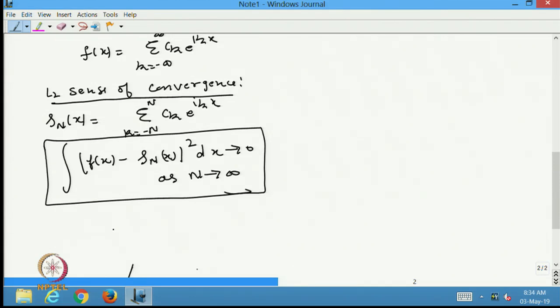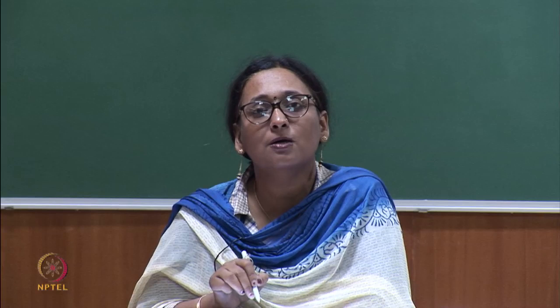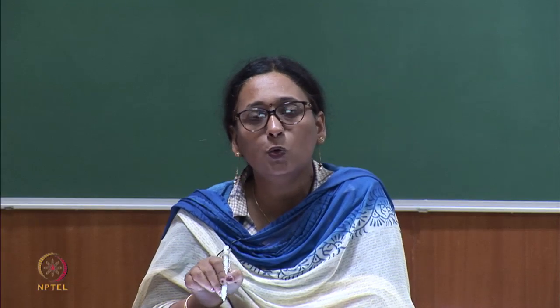Basically, f(x) minus s_n(x) is the error between the function and its partial sum, which is tending to 0 in the L2 norm. That is the meaning which you can observe from the given formula. If the function belongs to this space L2 0 to 2L, only then can we guarantee that the Fourier series will converge at least in the L2 sense.